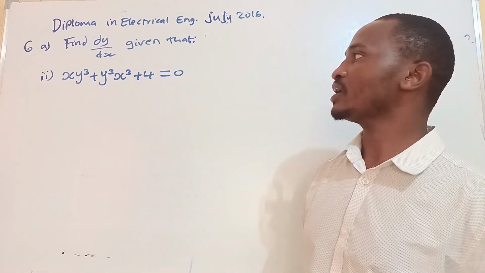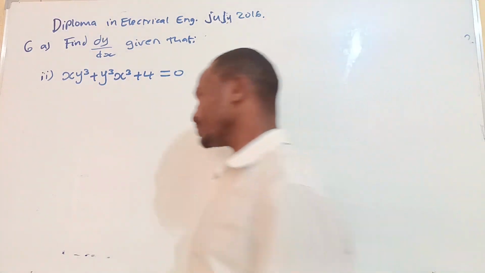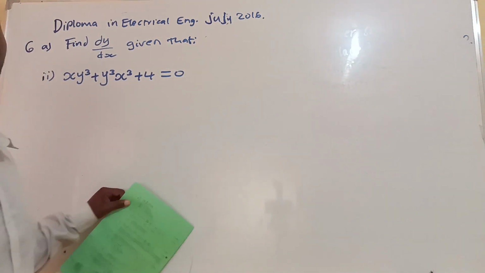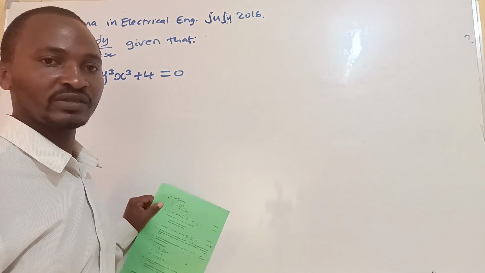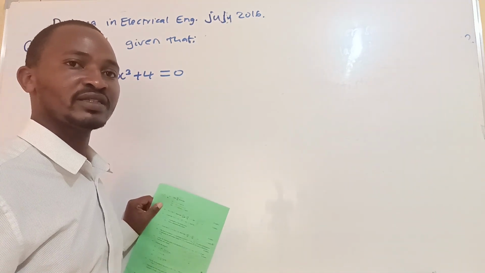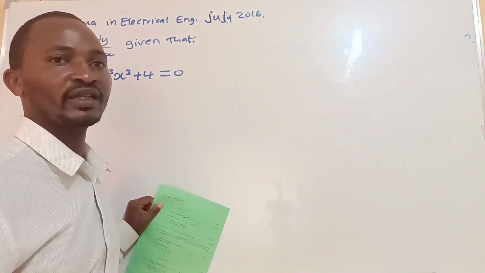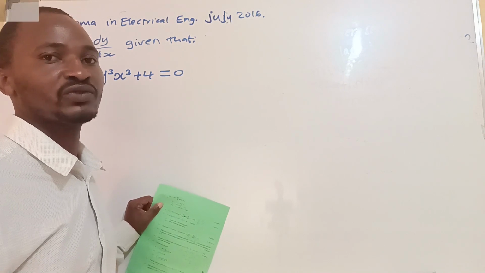We have already done a video on how to differentiate implicit functions. The key to this method of differentiation is practice. So that the moment you see a question, you can quickly identify the method of differentiation you are supposed to use.